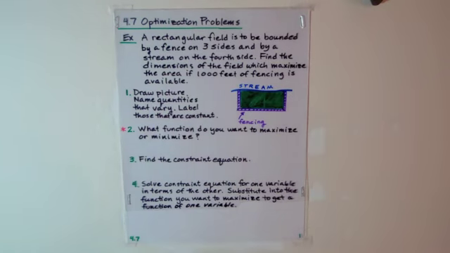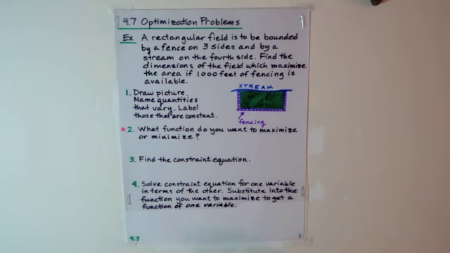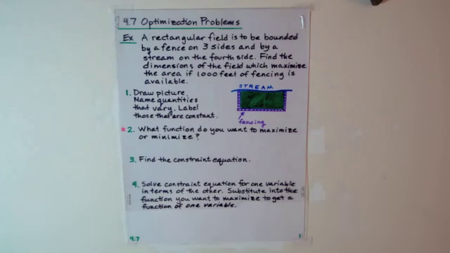In this section, we're going to be talking about what are referred to as optimization problems. Oftentimes in real life, we want to optimize a function by finding its biggest or its smallest output. For example, in business, we might want to choose a production level that maximizes our profit, or perhaps one that minimizes our cost.